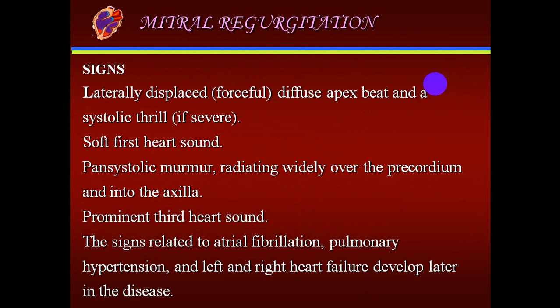On auscultation, a soft first heart sound and a pansystolic murmur radiating widely over the precordium and into the left axilla. A prominent third heart sound occurs if there is congestive heart failure or left atrial overload. The signs related to atrial fibrillation, pulmonary hypertension, and left and right heart failure develop later in the disease progression.